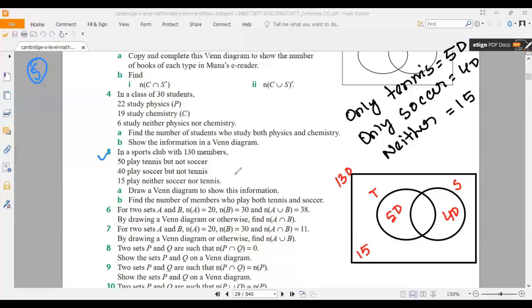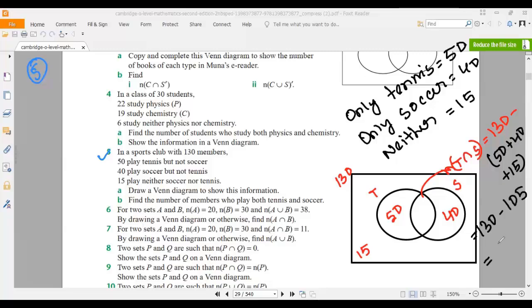Now, question B says, find the number of members who play both tennis and soccer. This part represents T intersection S. So the number of T intersection S will be the total number of members, 130, minus the remaining: 50 plus 40 plus 15. 50 plus 40 is 90, plus 15 is 105.